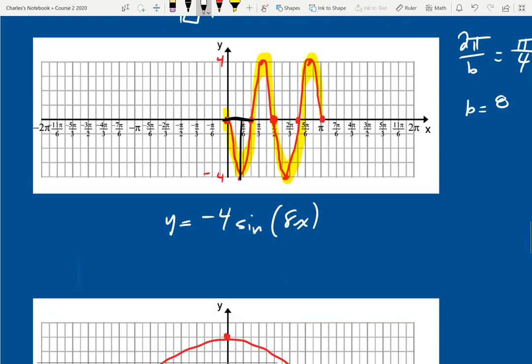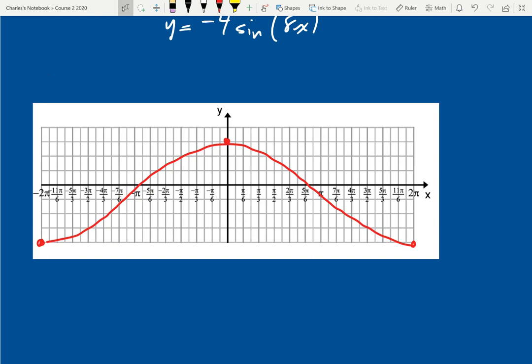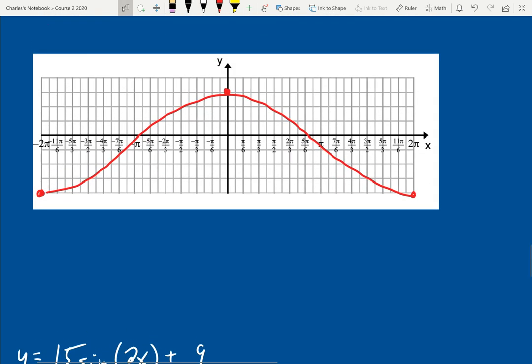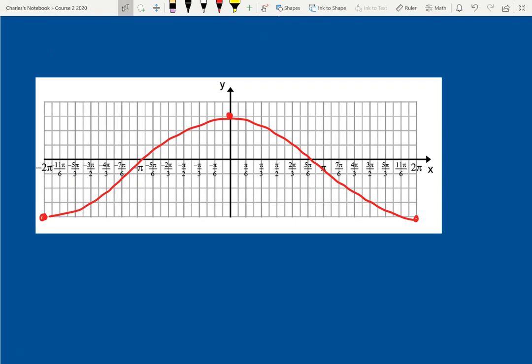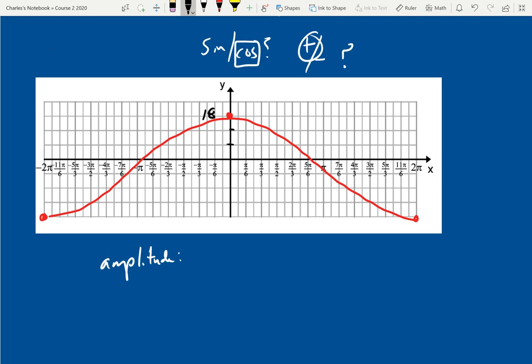If we try one more, what's it going to look like? Is it a sine or a cosine? This is a cosine. Is it positive or negative? This one is positive. What's its amplitude? Let's say that these are 6 each, so that's 18.